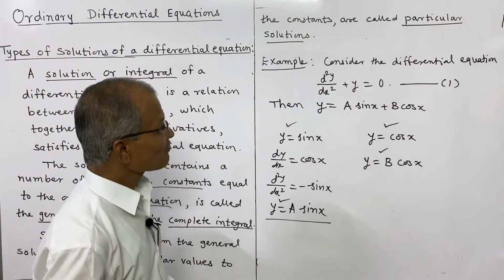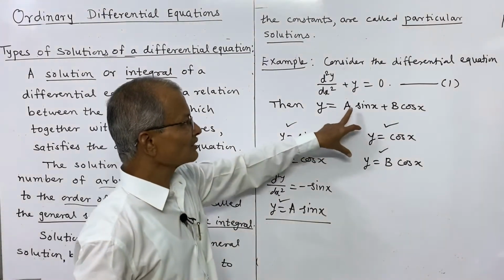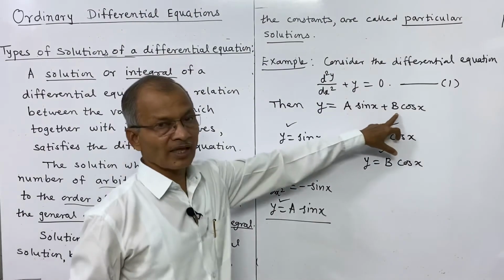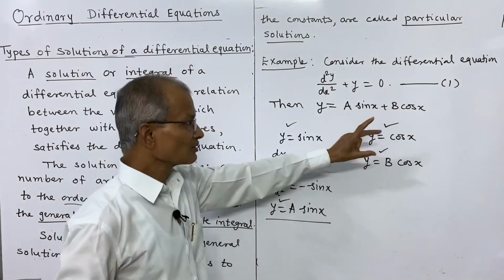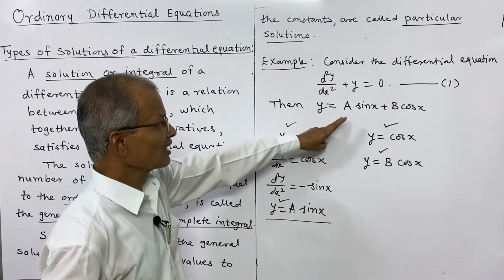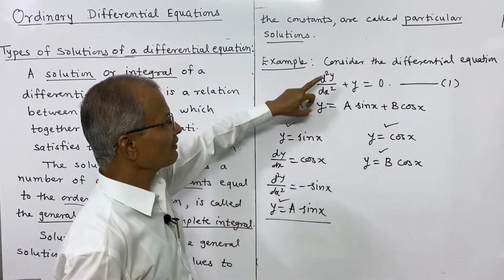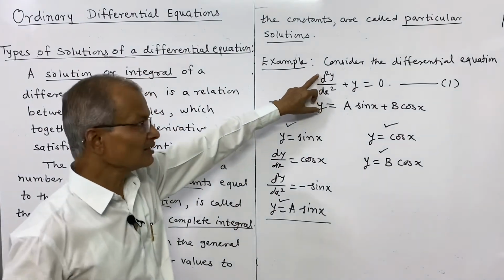And now you see here how many arbitrary constants are there? A and b are arbitrary constants. So there are two arbitrary constants. And what is the order of the differential equation? We have seen the meaning, it is second order.